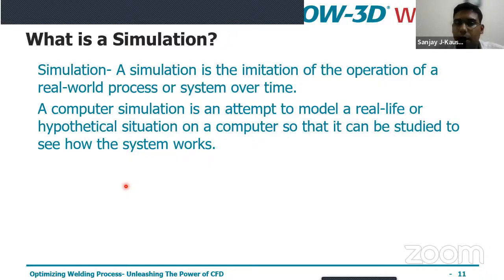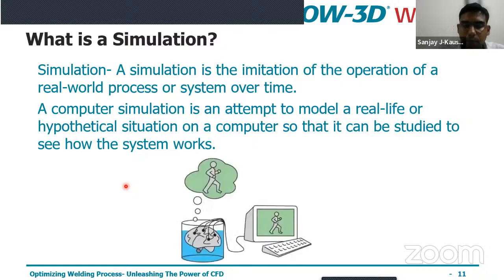A simulation is basically an imitation of an operation, whereas a computer simulation is an attempt to model the same real life situation on a computer. So let's say I have a 100 mm laser welding joint that I have to do.